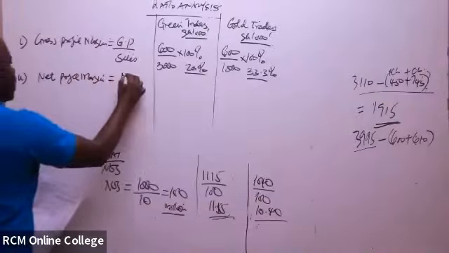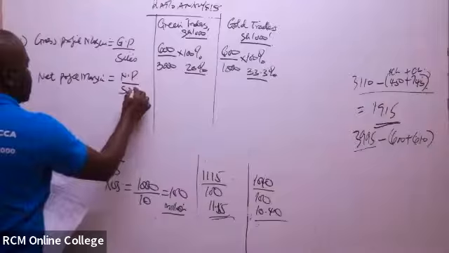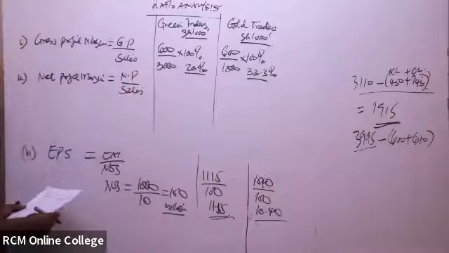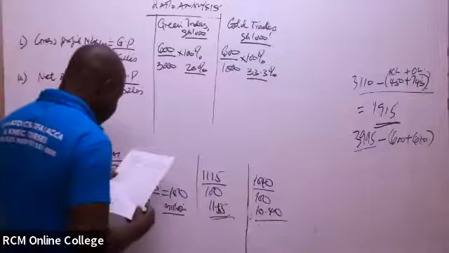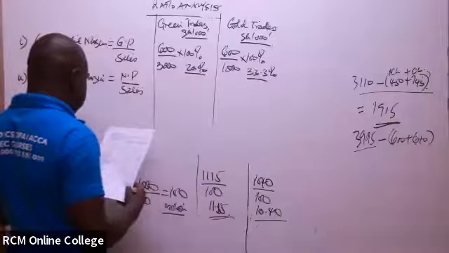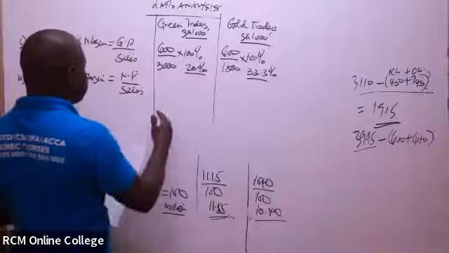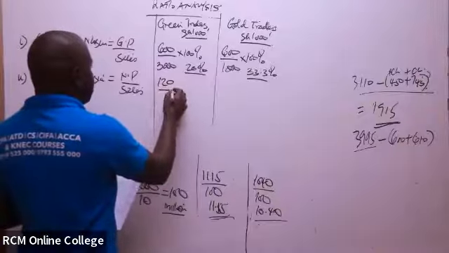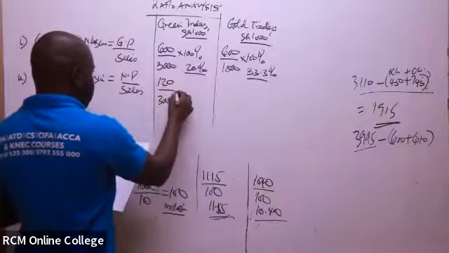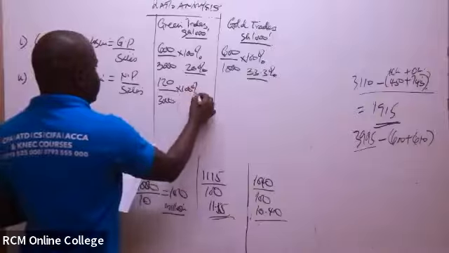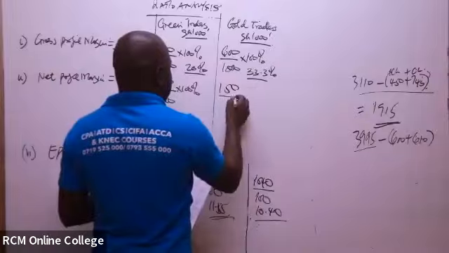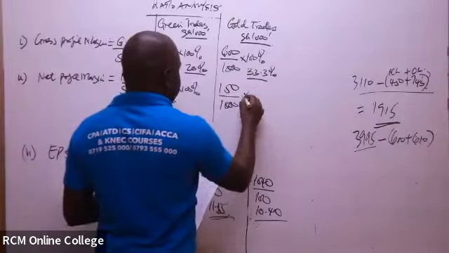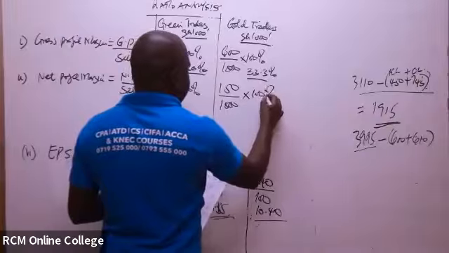Then you have number 2, the net profit margin, which equals net profit over the sales. So net profit for the year is 120 over 3 million multiplied by 100%. Then this other one is 150 over 1800 multiplied by 100%.